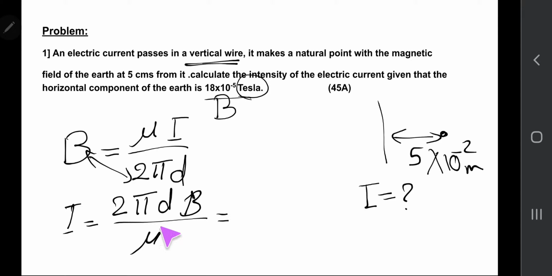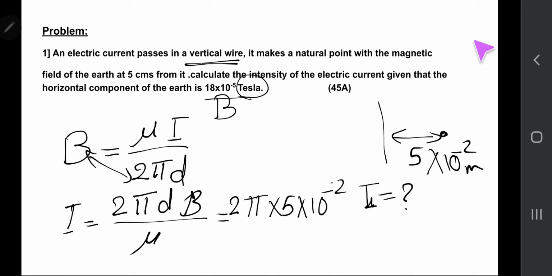Substitute in this equation: 2 pi, by calculator, either 22 over 7 or 3.14 according to what is given in the exam. Okay? The distance 5 times 10 to the power negative 2, times B. Okay?